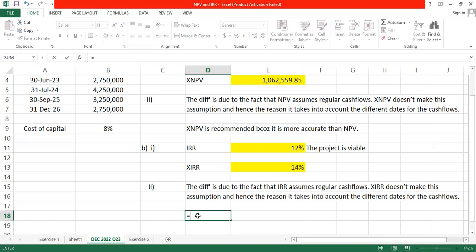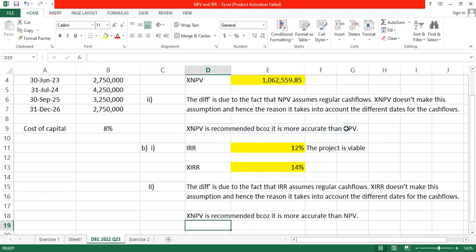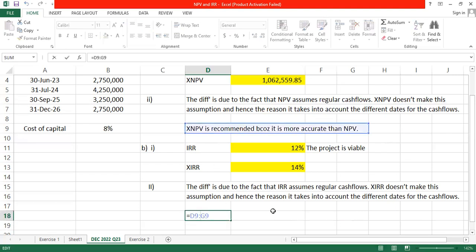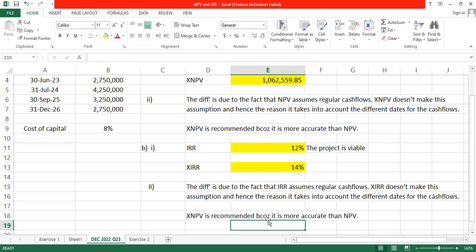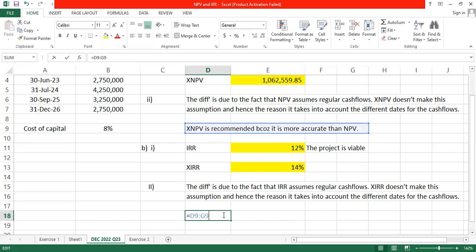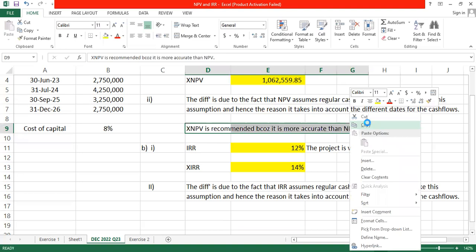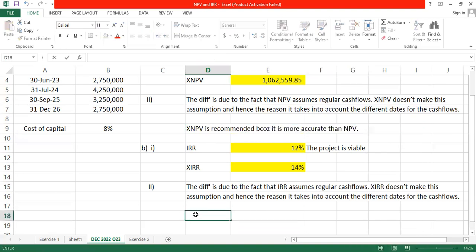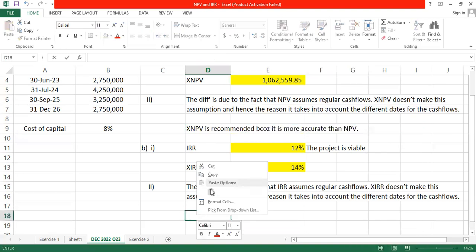happened. So in terms of which one we would recommend for use, again, because the X one is more accurate, then of course it is the one that we shall recommend.